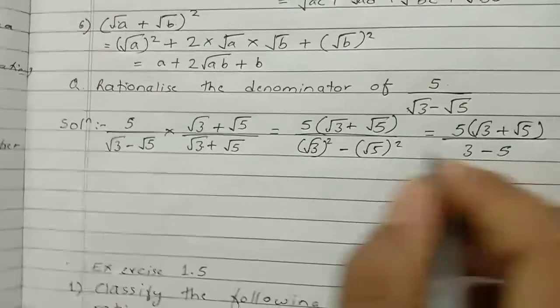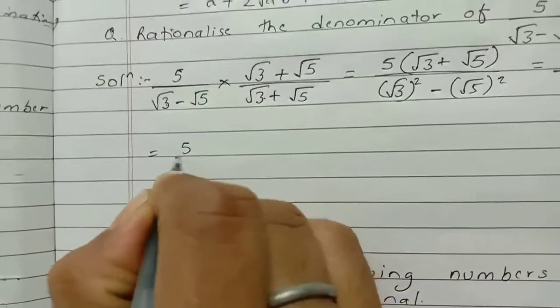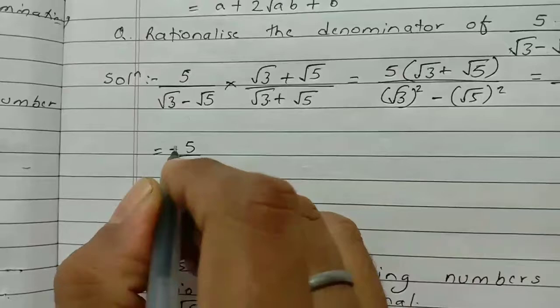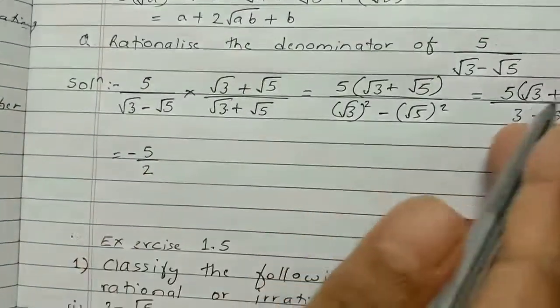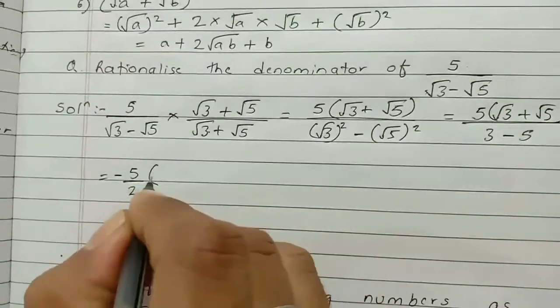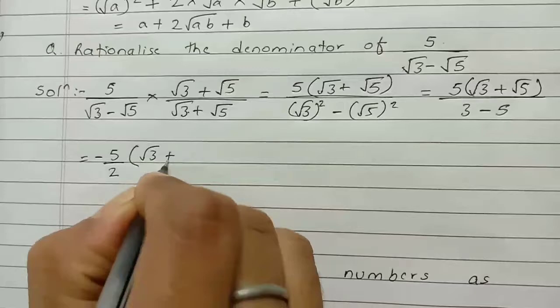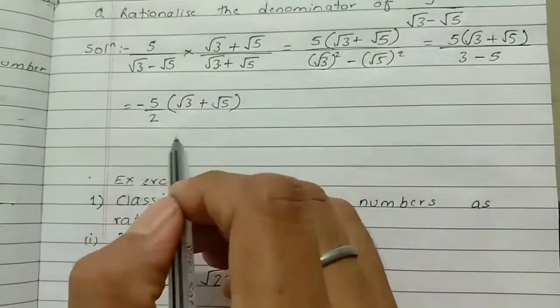So 3 minus 5 is minus 2. So it is 5 by 2, the minus sign will come up, and root 3 plus root 5 will remain as it is. So we have rationalized the denominator.